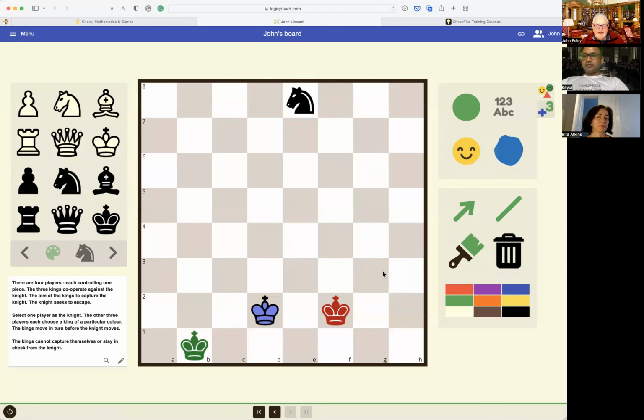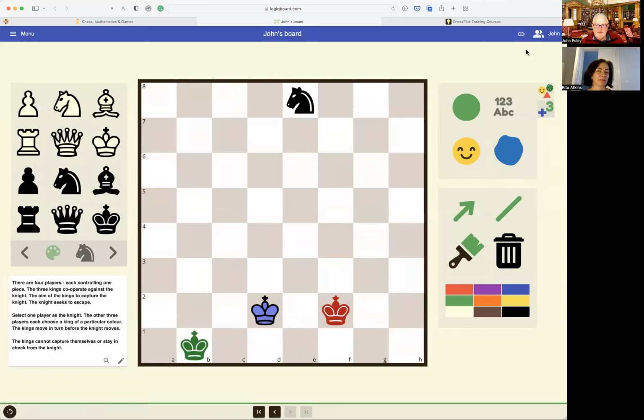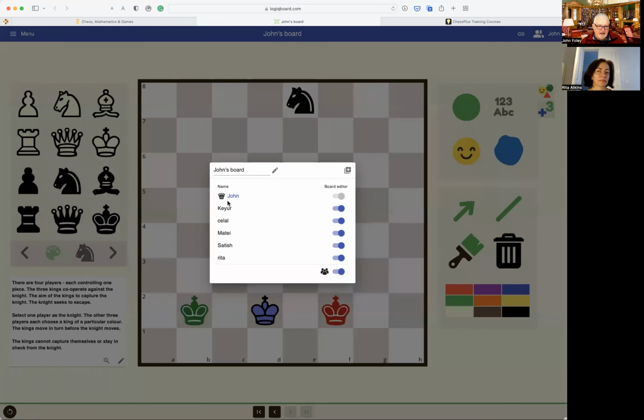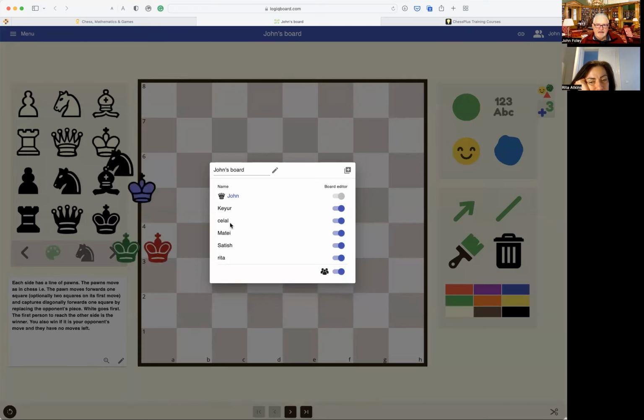So who's playing which of these? Who's going to be green? Who's going to be green on this board? Keo, can you be green? Yes. All right, you're green. Salal, can you be blue? Yes, I'm blue.